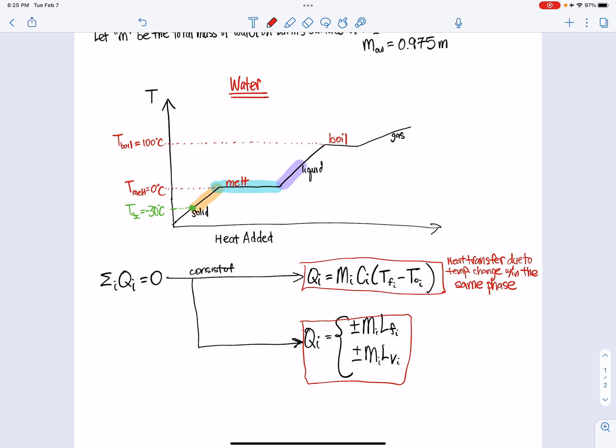And this equation on the bottom is the heat transfer necessary to change phase. So this equation we use within the same phase, and this equation we use when we experience a change in phase.